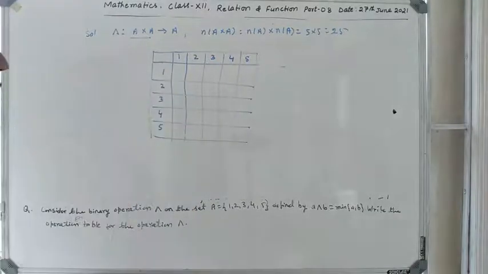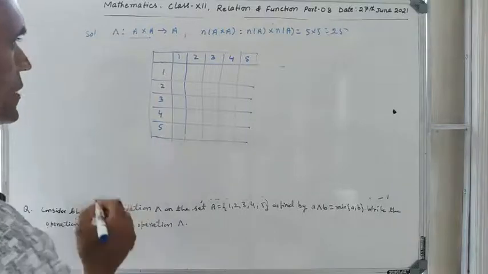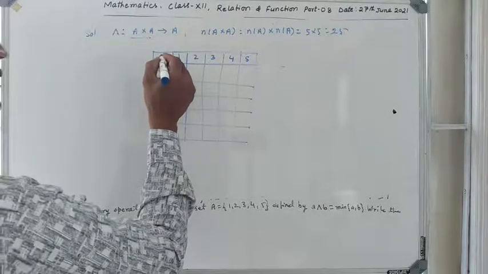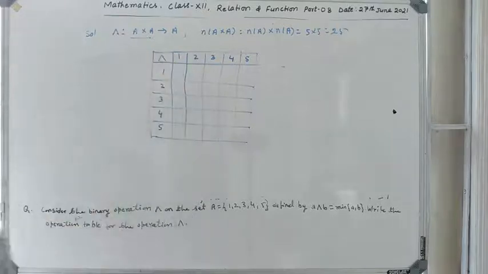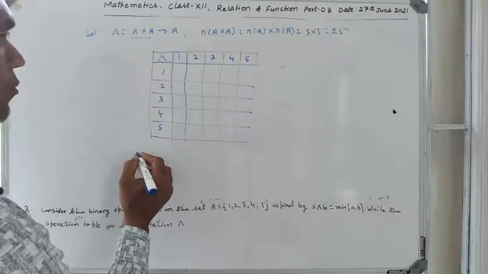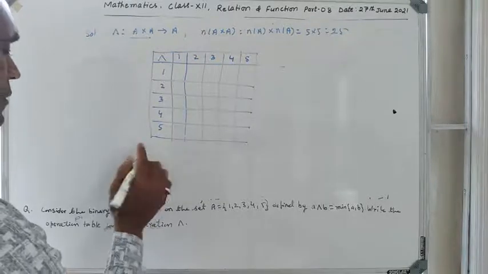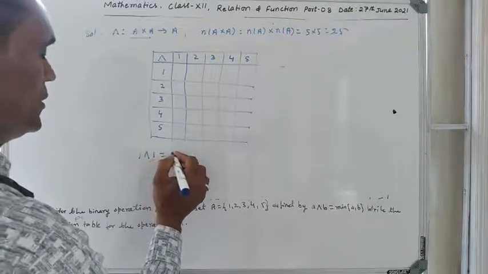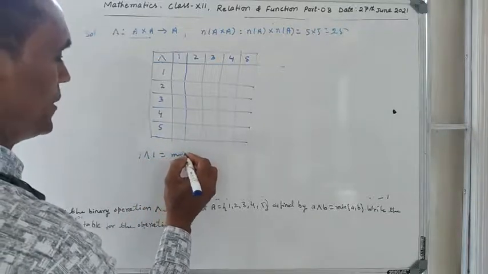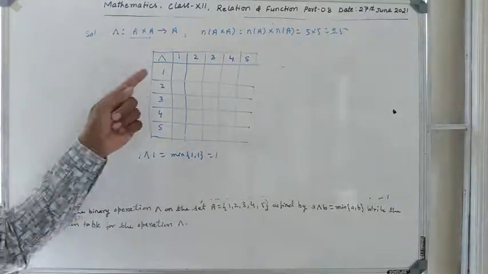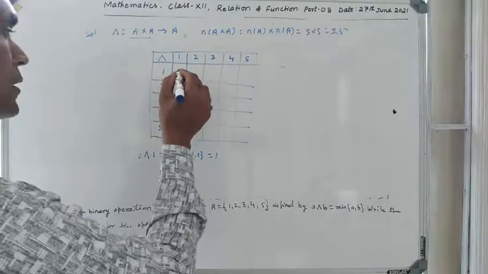So forming the operation table is very easy. Here you write the binary operation, minimum. Now the image of (1, 1) is minimum of 1 and 1, that is 1. So you can say the image is 1.